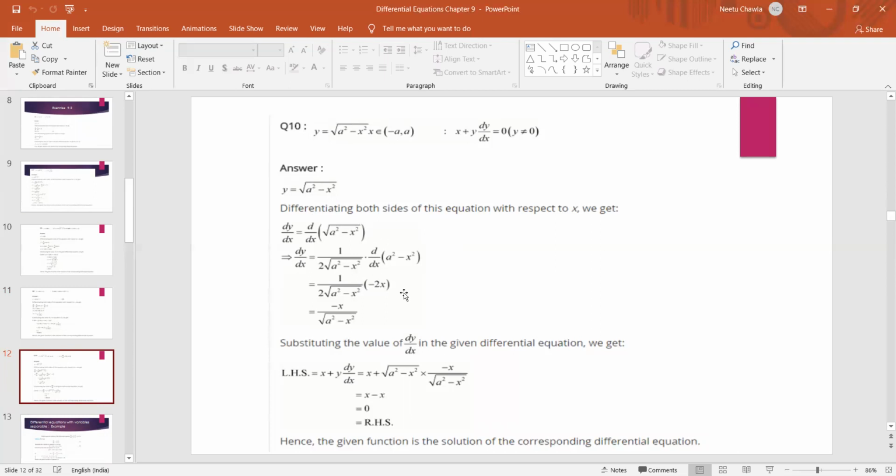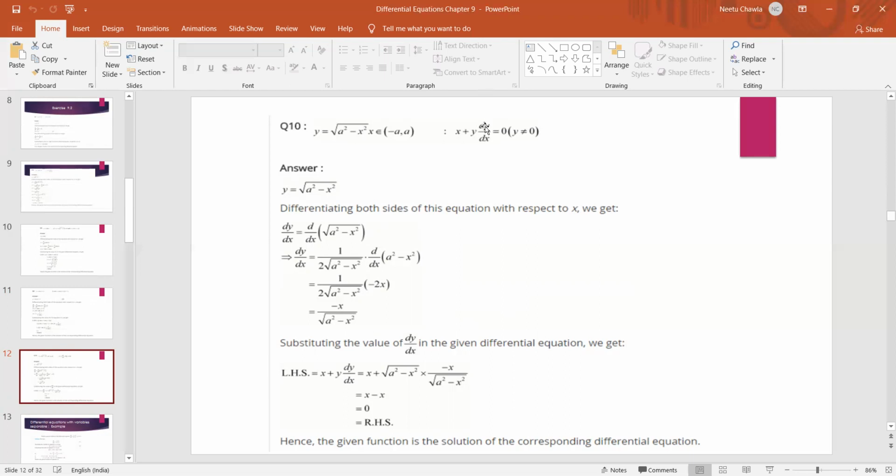Again using the chain rule, d by dx of a square minus x square: a square is a constant term, so this will become 0, and this is becoming minus 2x, and the 2 and 2 cancelled. Rationalizing it, dy by dx is minus x upon under root a square minus x square.